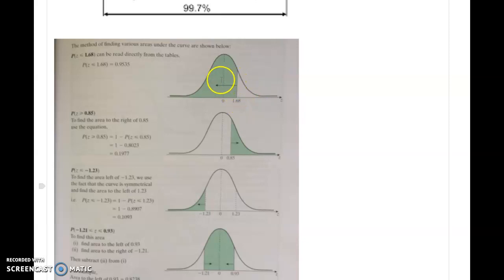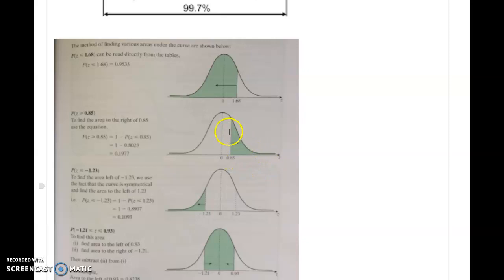We are interested in this area here. If you have P of Z greater than 0.85, that's that part there. We can't calculate areas that are bigger.